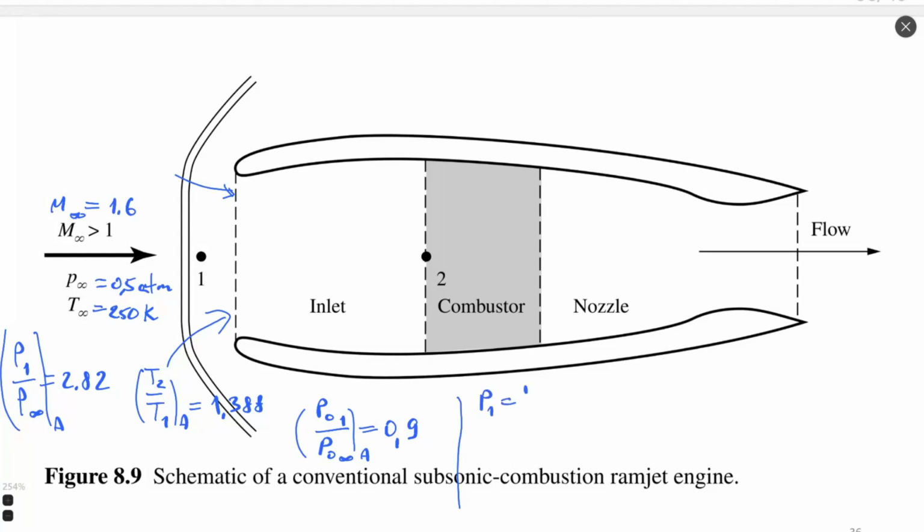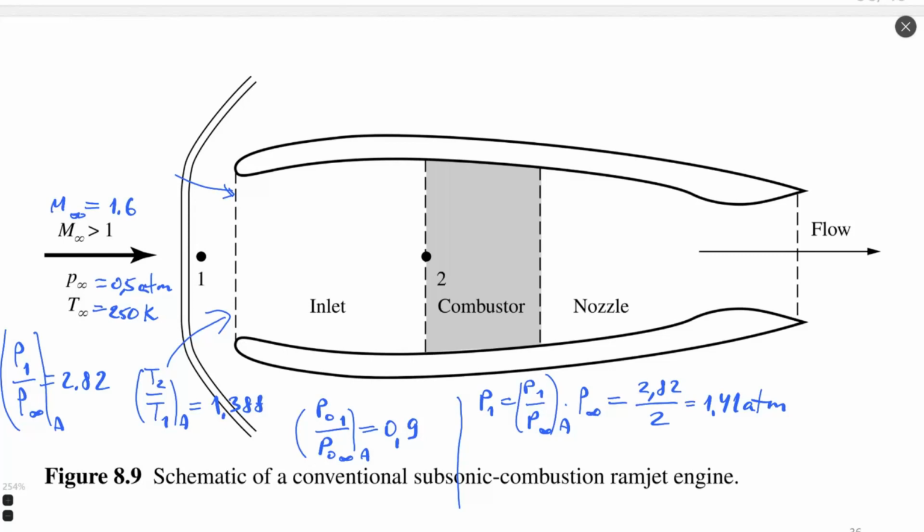Pressure 1 is P1 divided by P infinite from appendix A multiplied by P infinite. Since our pressure infinite is 0.5, I just need to divide my pressure ratio by 2. 2.82 divided by 2 is 1.41 atm. So this is my pressure after the shock wave.